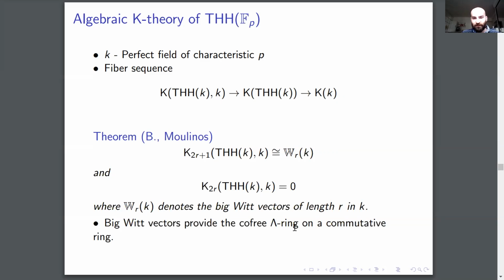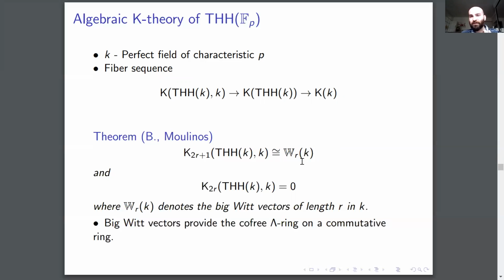And so Witt vectors are the free lambda rings. So that's kind of an intuitive reason. How do these show up precisely in the computations? Really, we just compute the spectral sequences and you look at the extension problems and this just comes up. So our computation will not give you a philosophical reason why.